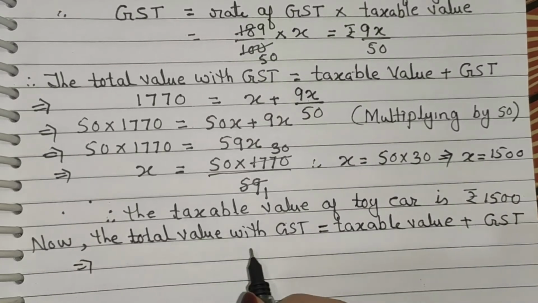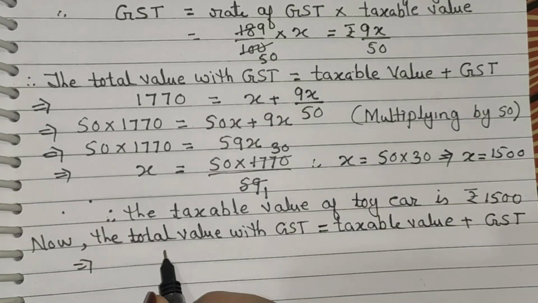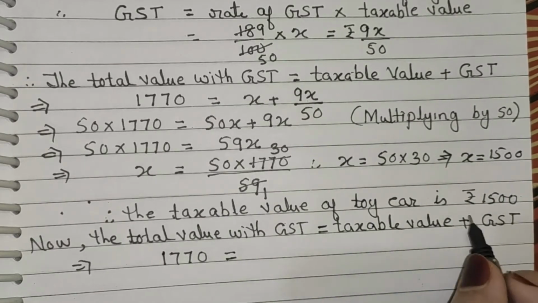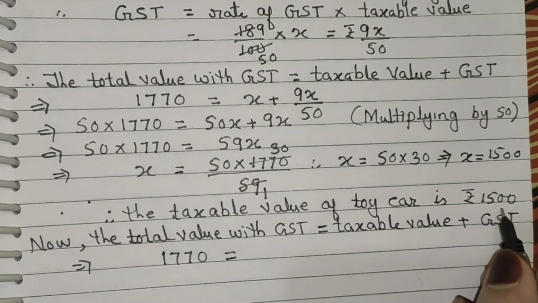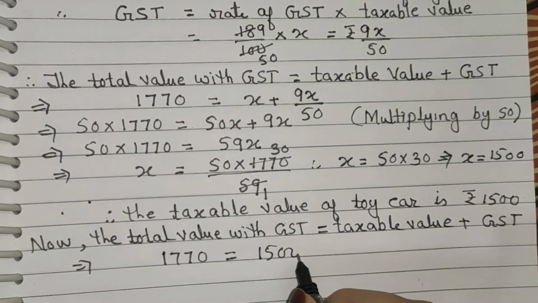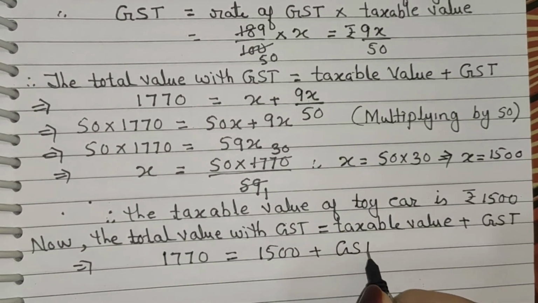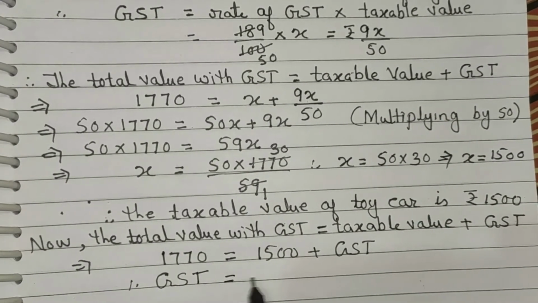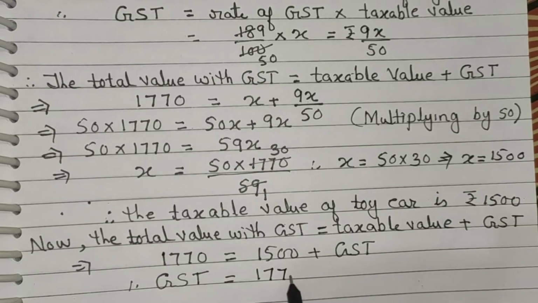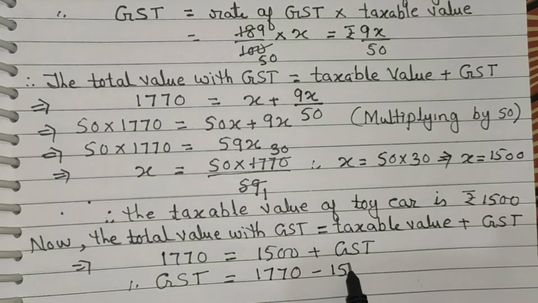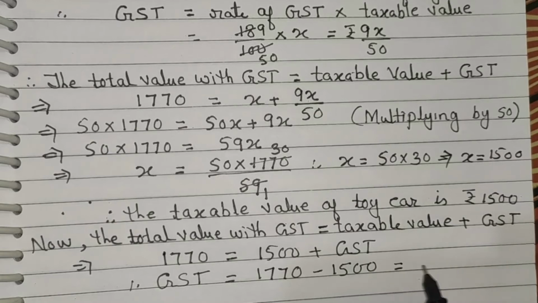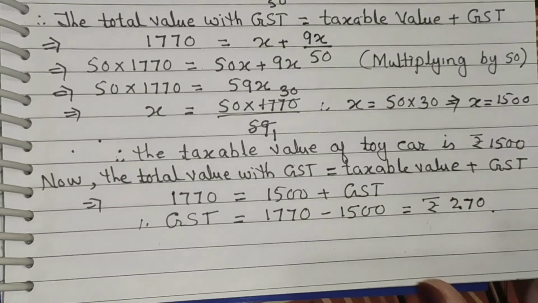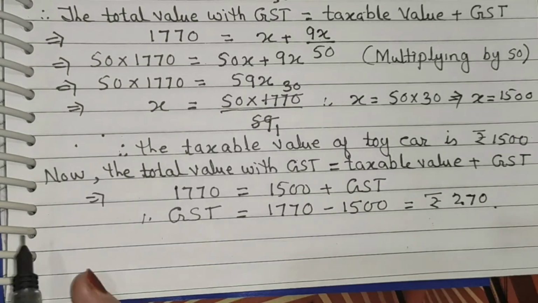Now the total value with GST is given, which is 1770, and the taxable value calculated here is 1500 plus GST. Therefore GST is equal to 1770 minus 1500, which is equal to 270. Now it is the amount of GST.